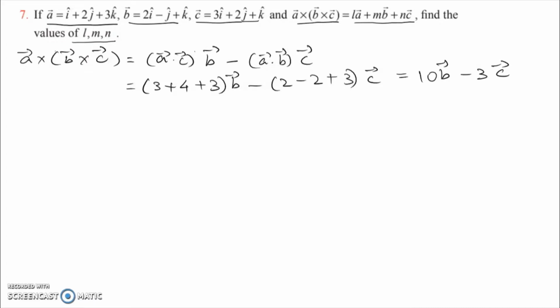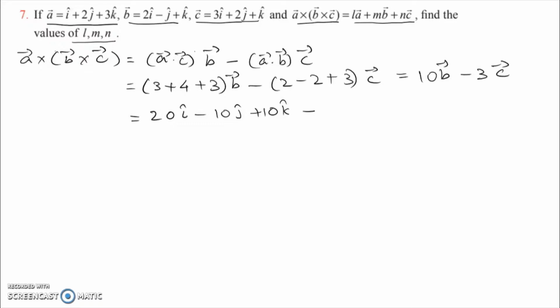Now substituting the values of vector B and C and multiplying them with 10, we will get 20 I cap minus 10 J cap plus 10 K cap.